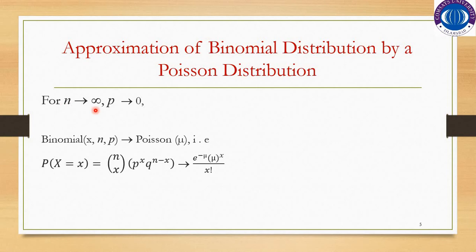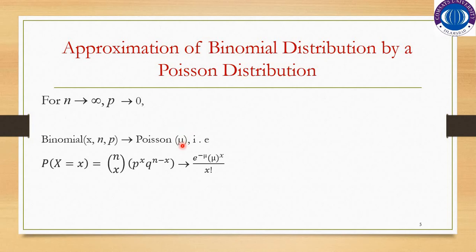It means that n becomes very large, and p approaches to 0. It means that p is very, very small. So you can approximate binomial distribution to the Poisson distribution with parameter mu.